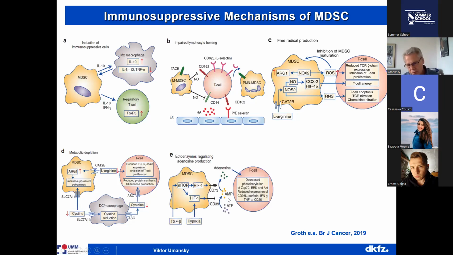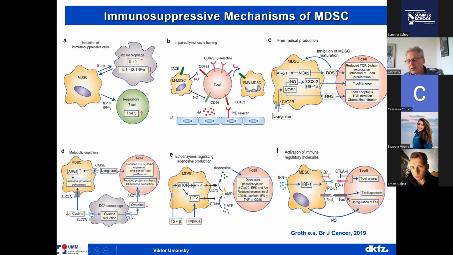MDCs can also produce adenosine from ATP through the ectoenzymes CD73 and CD39. And adenosine is a very important immunosuppressive factor, leading to the block of T cell proliferation through increased production of cyclic AMP.